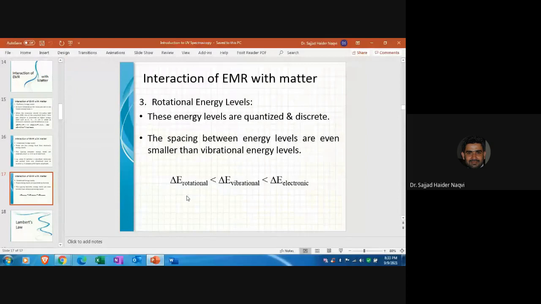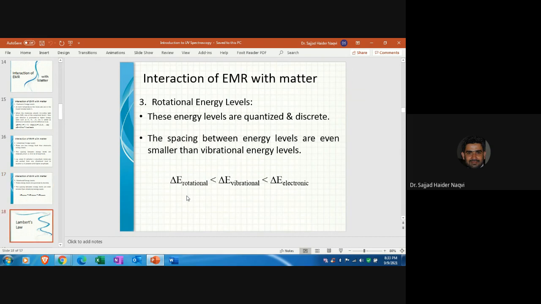And you also understand the relationship from highest to lowest. The highest change or difference between the two energy levels is the electronic energy change, then vibrational, and the least one is the rotational change of the energy.